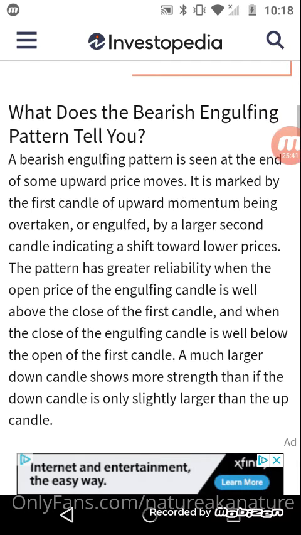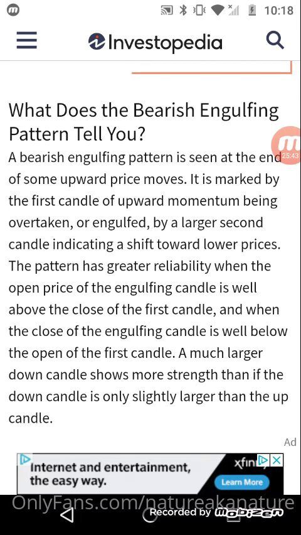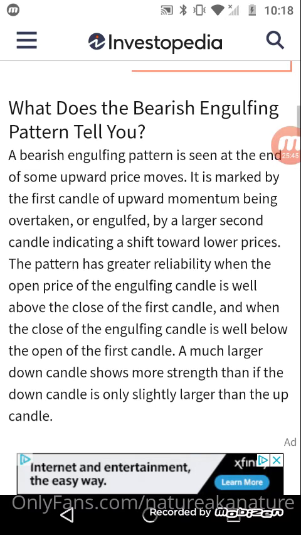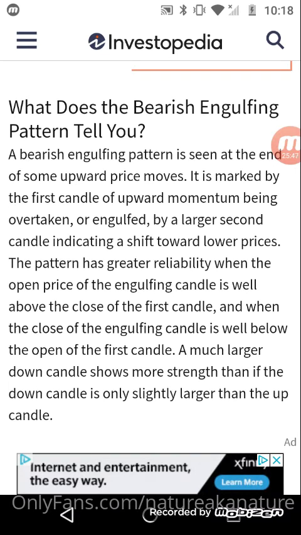A much larger down candle shows more strength than if the down candle is only slightly larger than the up candle. So it's valuable when it follows a clean move higher. If price action is choppy or rangy or consolidating, then it won't be as reliable.